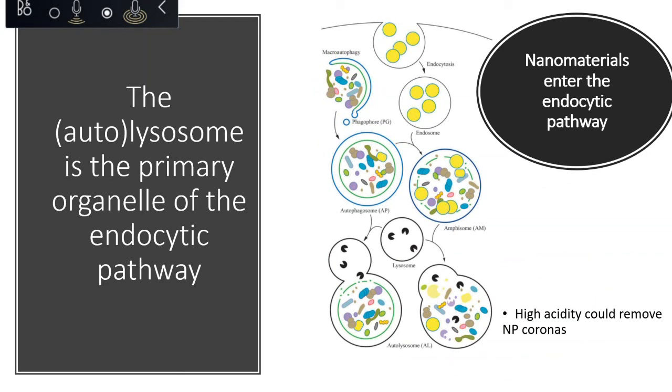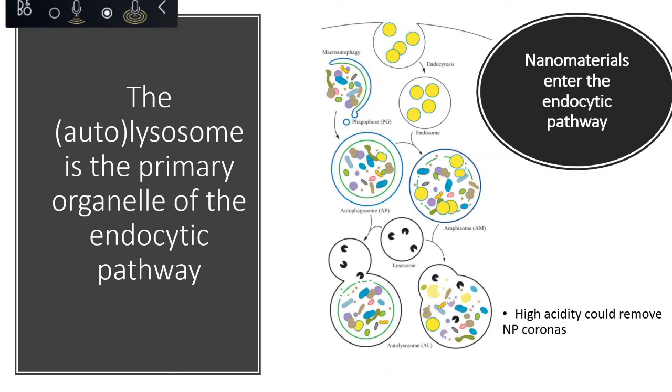So once we get the material in, then they enter the endocytic pathway, which means they're taken up by these organelles of various different types, which mature over time, and the environment inside becomes more and more acidic.